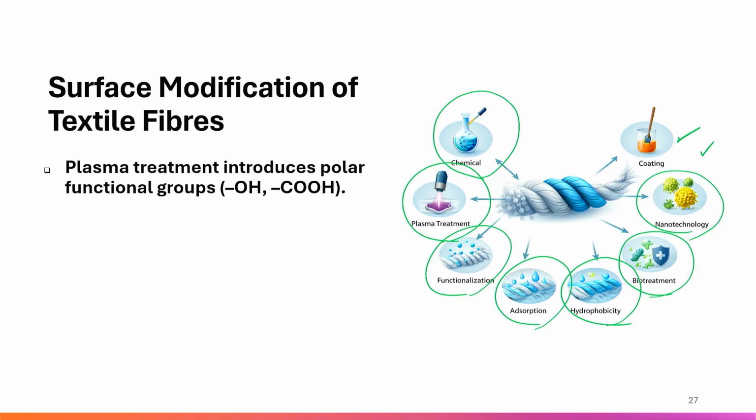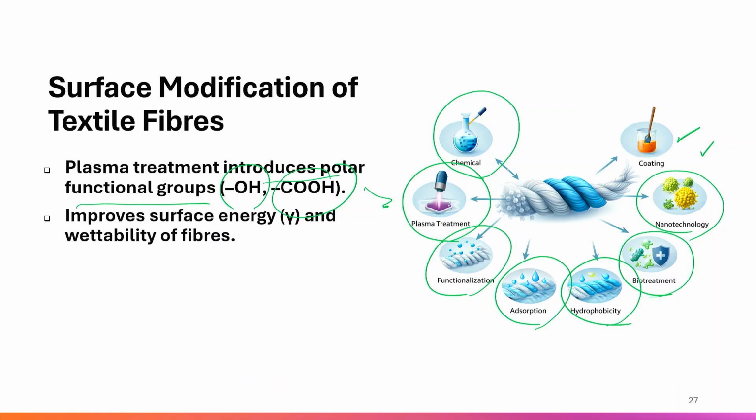So, what does plasma treatment do? During plasma treatment, it introduces functional groups, OH and COOH groups, on the fiber surface, which enhance the surface activity. It improves the surface energy and wettability of the fiber, because the OH group has come, so it will make the fiber wettable.